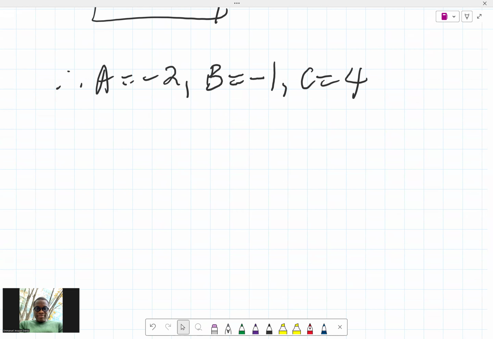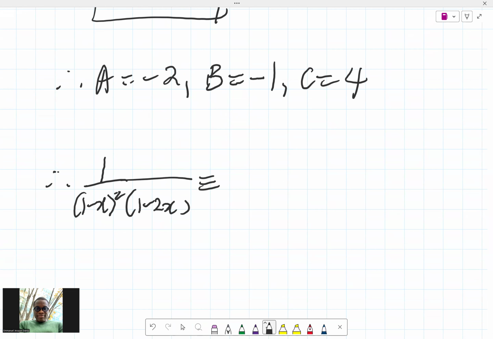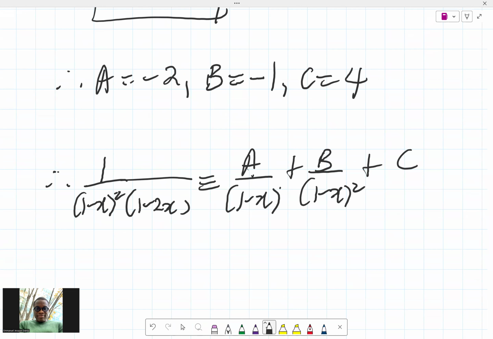Remember the original thing, so we can say therefore 1 all over 1 minus x squared into 1 minus 2x, which is similar to A over 1 minus x plus B over 1 minus x squared plus C over 1 minus 2x, can then be equal to, A now is minus 2.